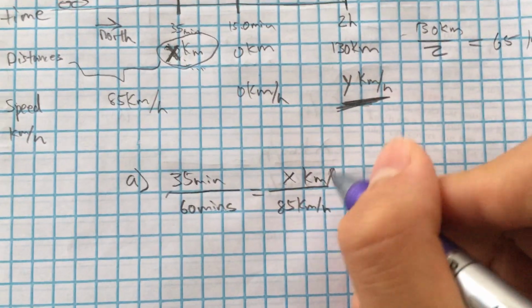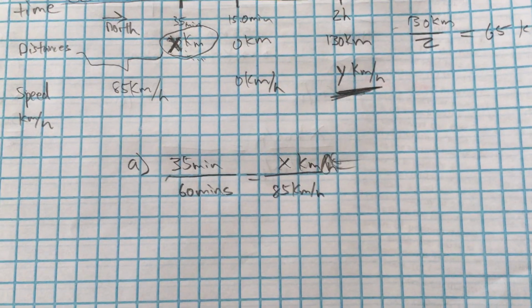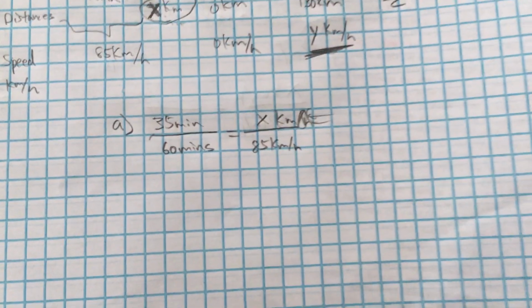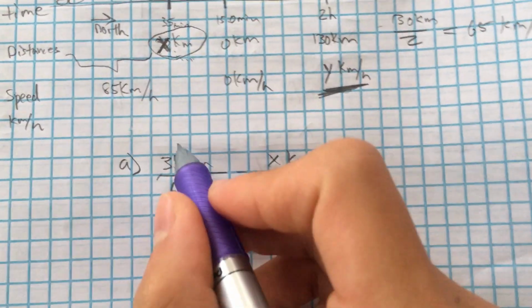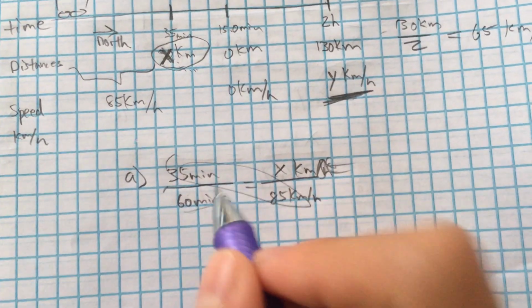Wait, no, km, just km. Then you cross multiply and divide by 60.